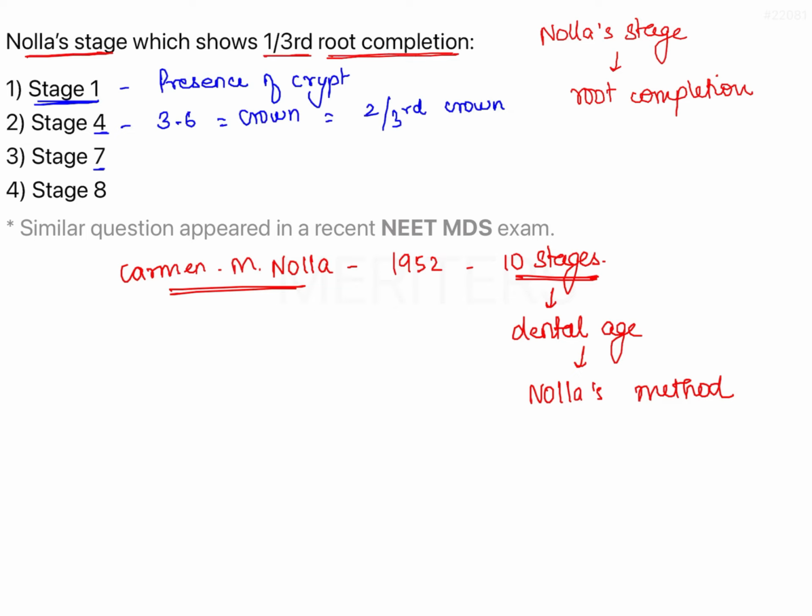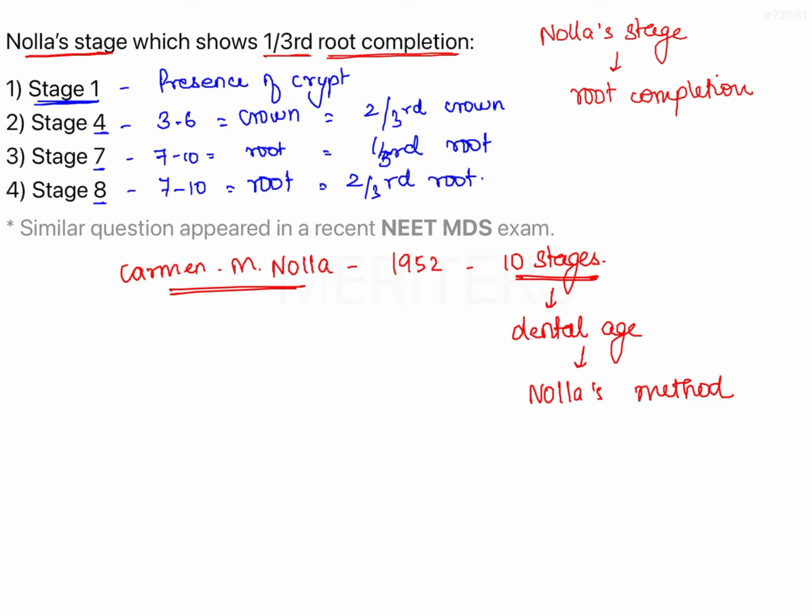And option 3 says stage 7. It comes between 7 to 10, that is the stages or levels of root completion, and 7 is an odd number, it denotes 1/3 root completion. And option 4 says stage 8, it is again between 7 to 10, therefore denotes root completion, and 8 is an even number, therefore it stands for 2/3 root completion.